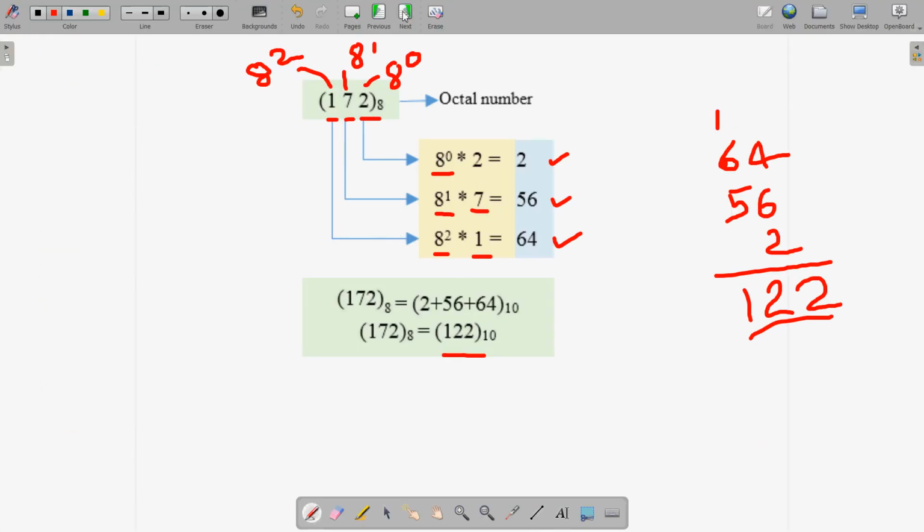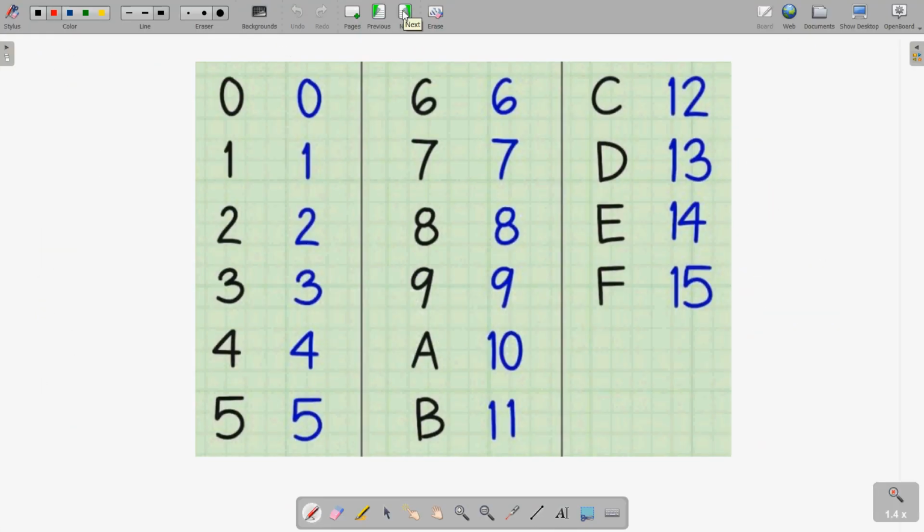Okay, so let us come to the next slide. So here, as I was saying, you can see the different digits for the hexadecimal once more. Till 9 we are using the 9 symbols. Then from 10 onwards we are using the alphabets A, B, C, D, E, F. Clear?